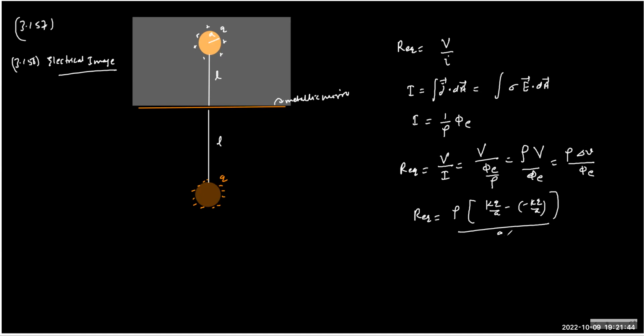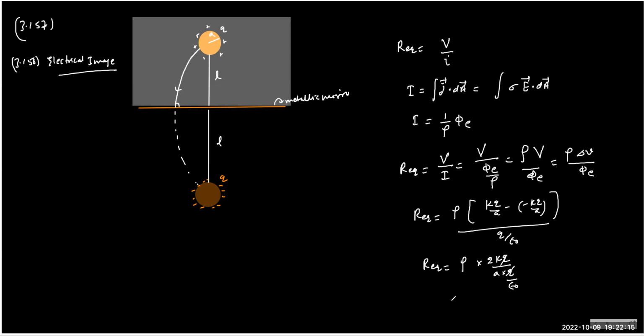Potential difference is kq by A minus of minus kq by A, if you remember. And flux is q by epsilon. We know this formula for flux due to any charge q. The flux will start from here and terminate here, but we can take it as coming here. So R equivalent will be rho, and it becomes 2q by A into q by epsilon naught.